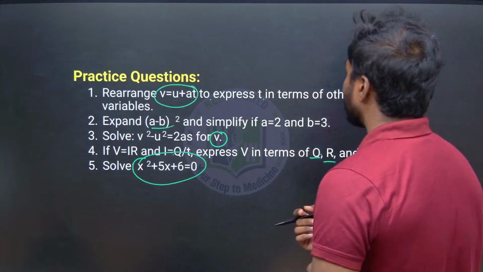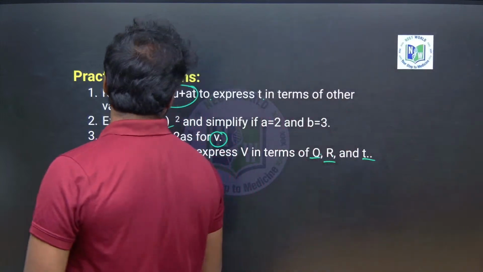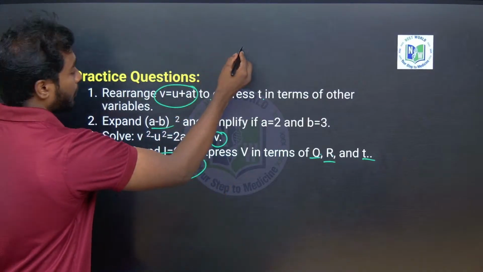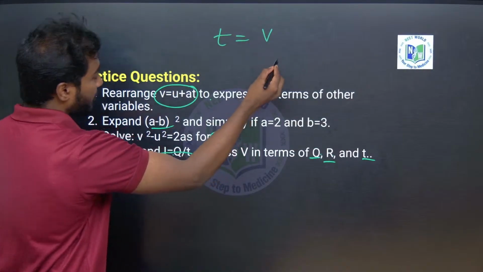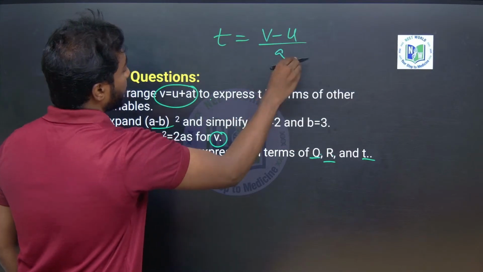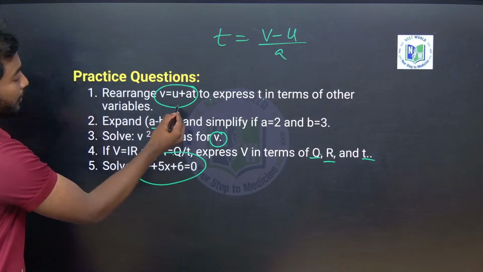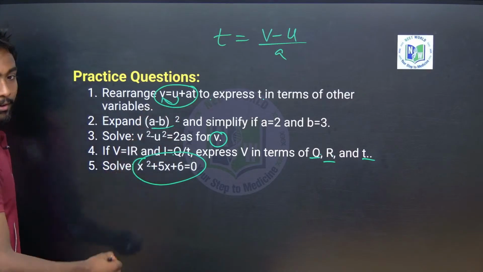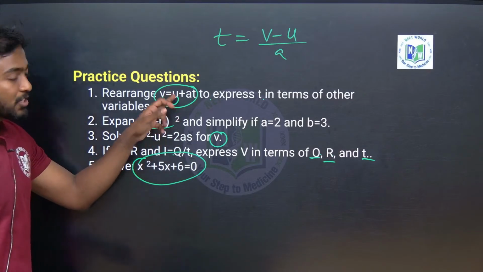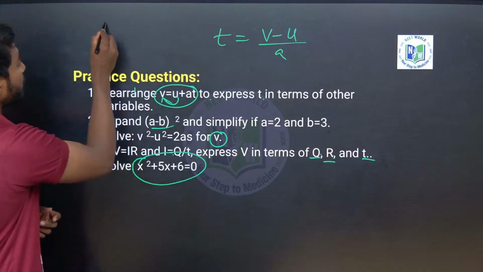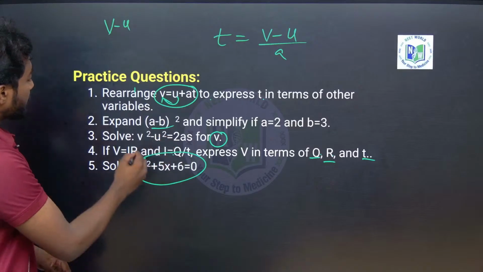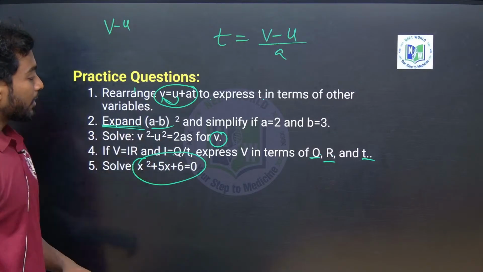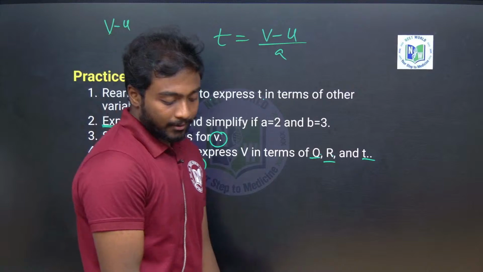So, what is the answer for the first question? t = (v − u) divided by a. Okay, see, take this u to the other side, so it will become minus u. So t = (v − u) by a, that is it. Second question, (a − b) whole square, what is the answer?